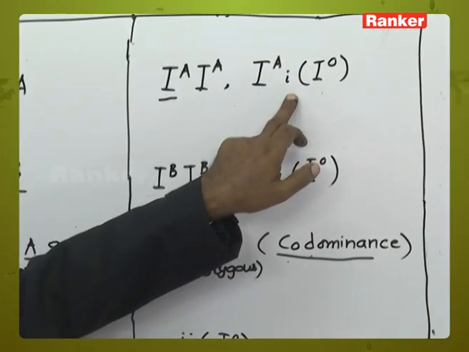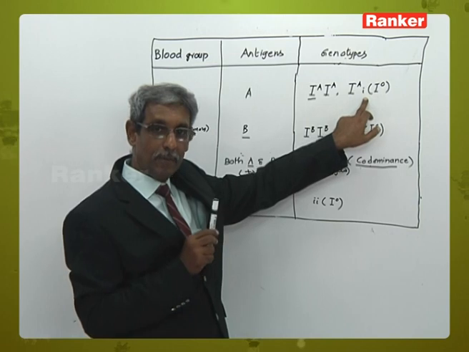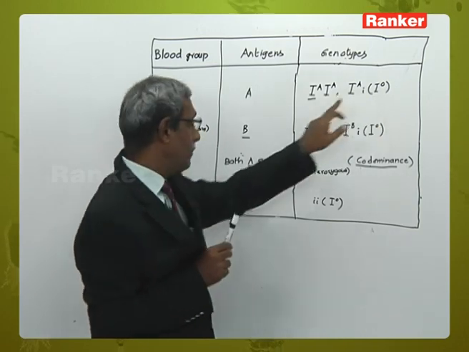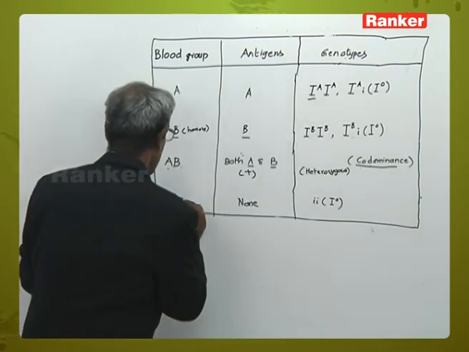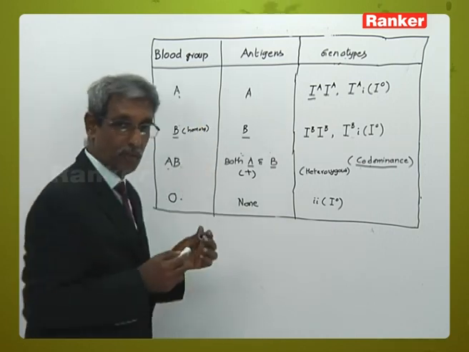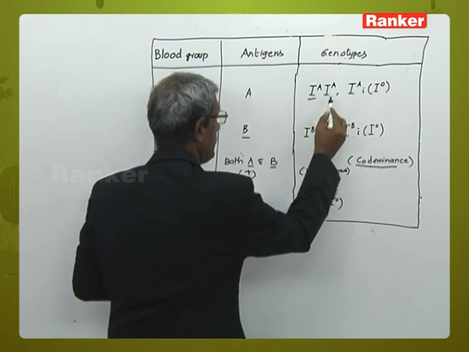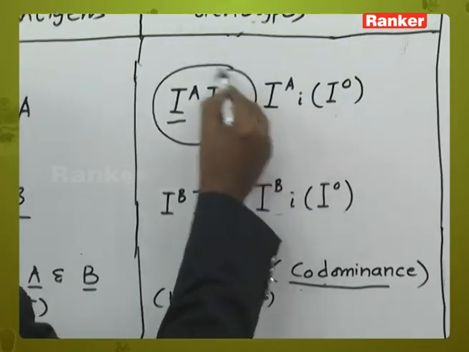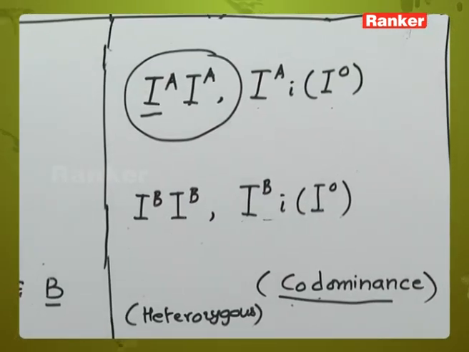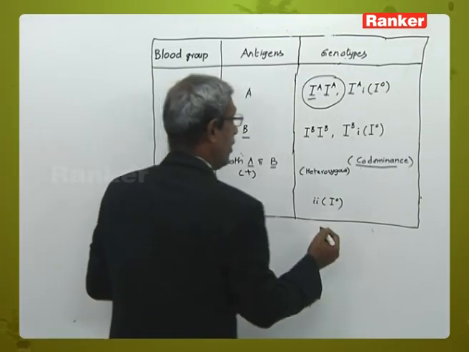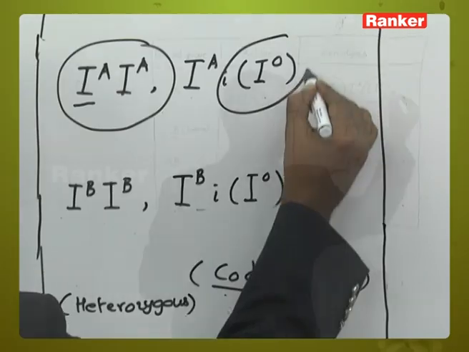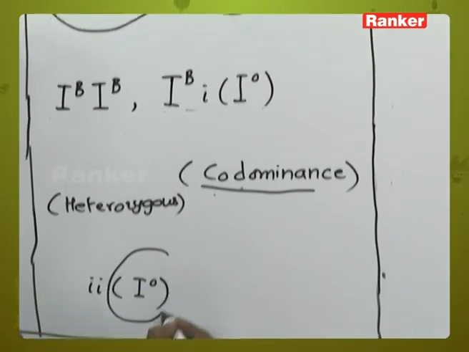So the possible genotypes of the parents when O and A are the offsprings are IA i and i i together.